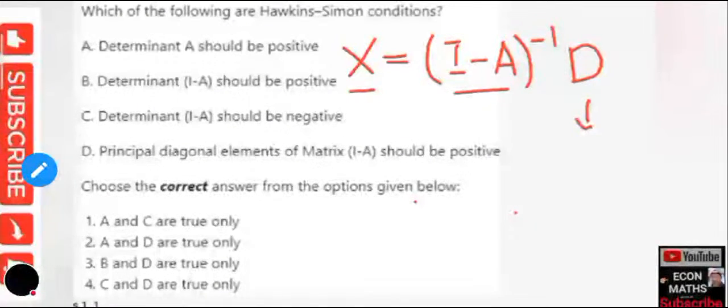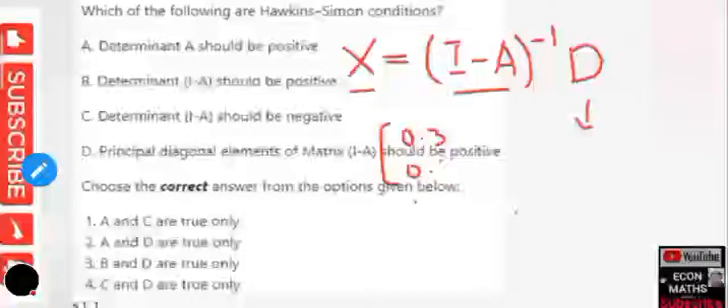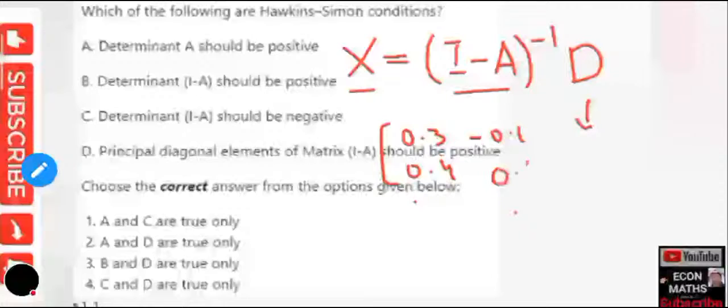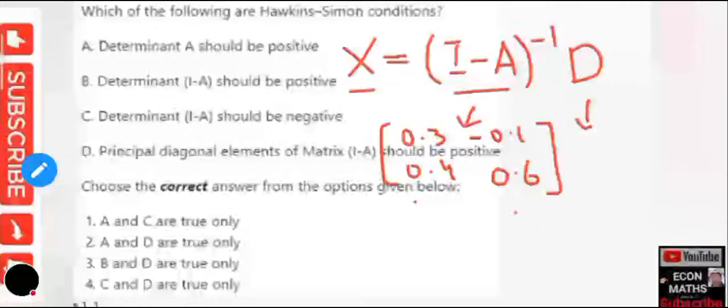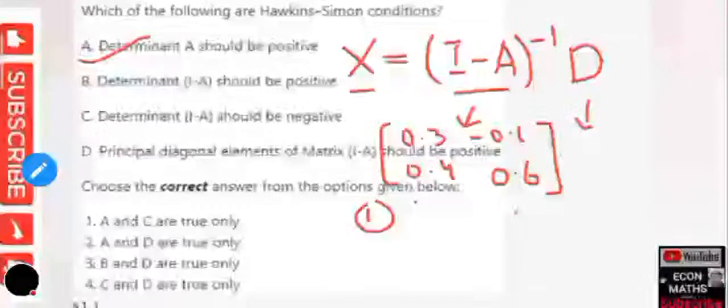This is true because, let's say we are given a technology matrix with entries 0.3, 0.4 or 0.6. The Hawkins-Simon condition tells us about this I minus A. The first option rather is correct.